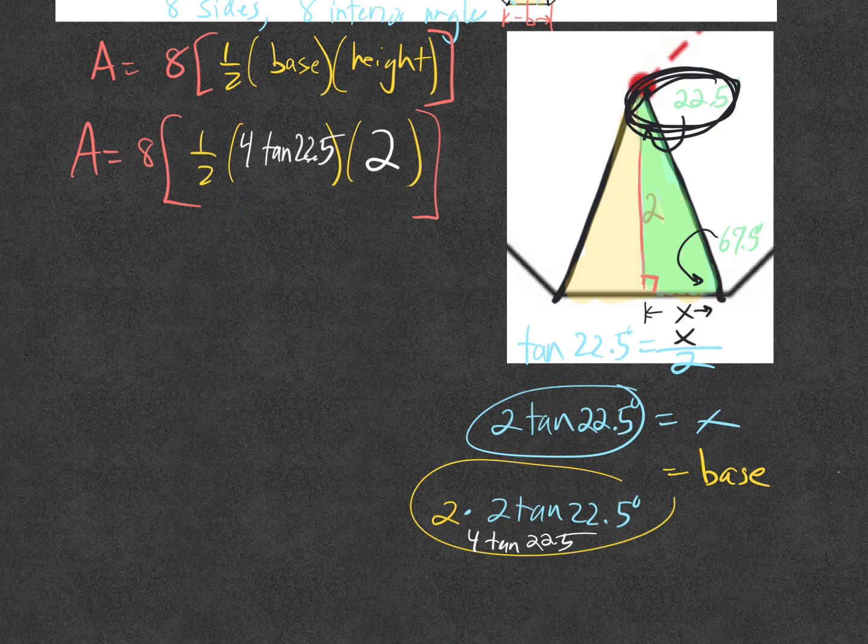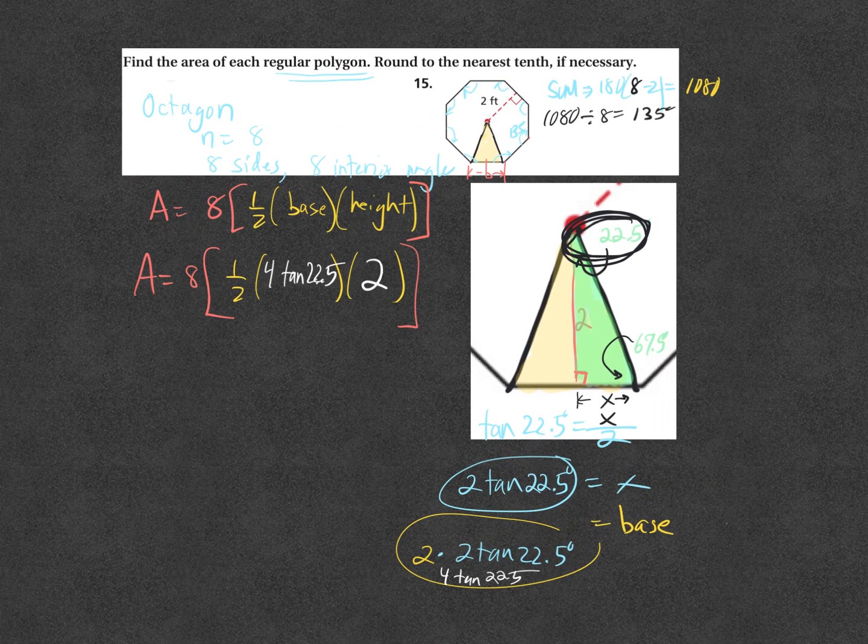All right, the area of the entire octagon is the area of 8 triangles. Each triangle is 1/2 times the base times the height, and the base is 4 tangent of 22.5 degrees, and the height is 2.